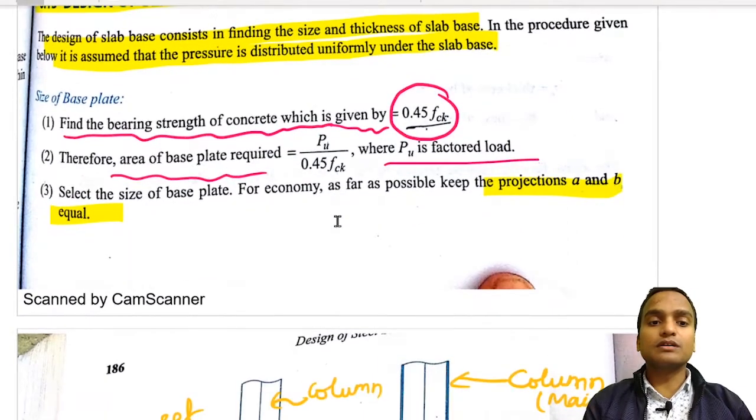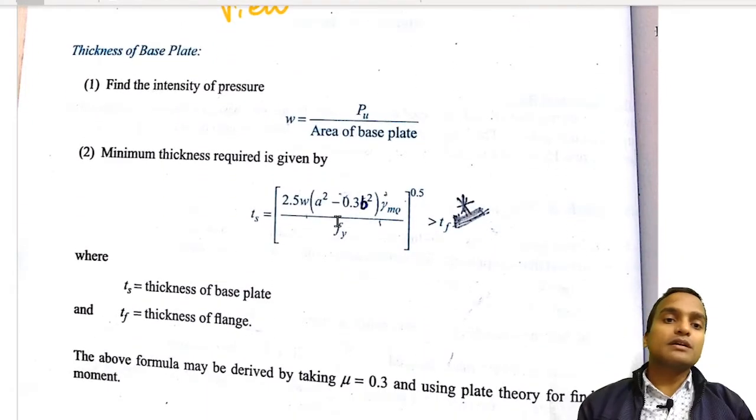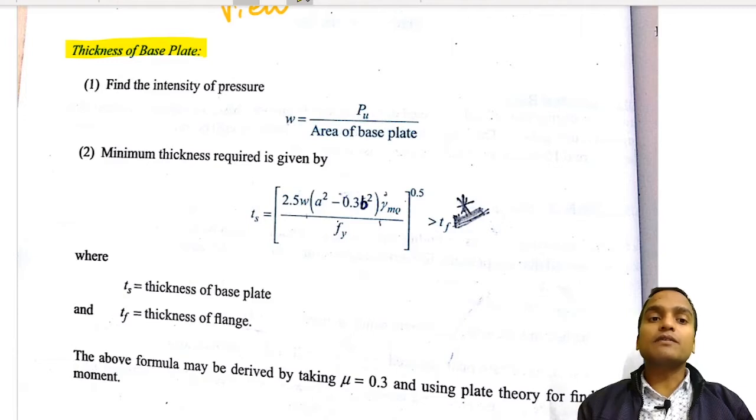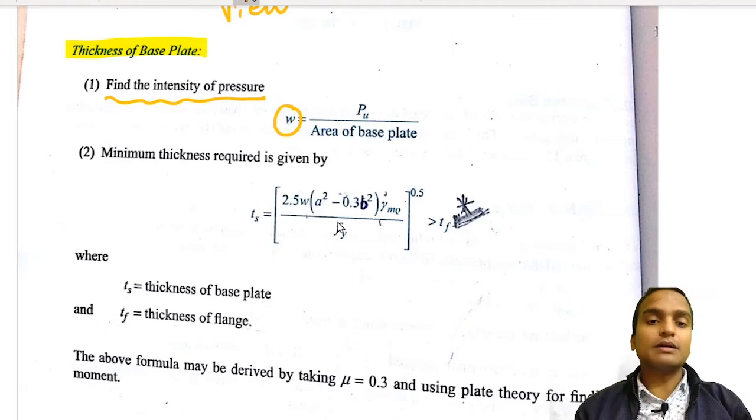After doing the sizing of the base plate, now we have to calculate the thickness of base plate, and there are formulas. First of all, let us calculate the intensity of pressure which is going to be exerted on the RCC foundation, and this is represented by small w, which is equal to PU divided by the area of the base plate.